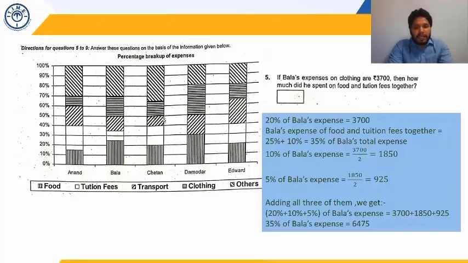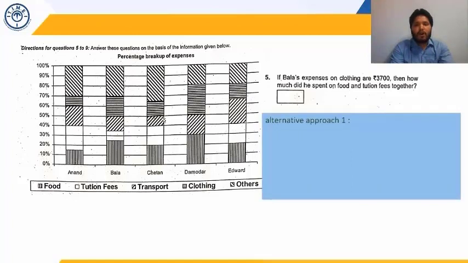Bala spent 10% on tuition fees and 25% on food, so the addition is 35%. We need to find 35% of Bala's total expense, given 20%, and we can do this in a number of ways. This is just one way to solve this question, so let's see the alternate approach number 1 to solve the same question.